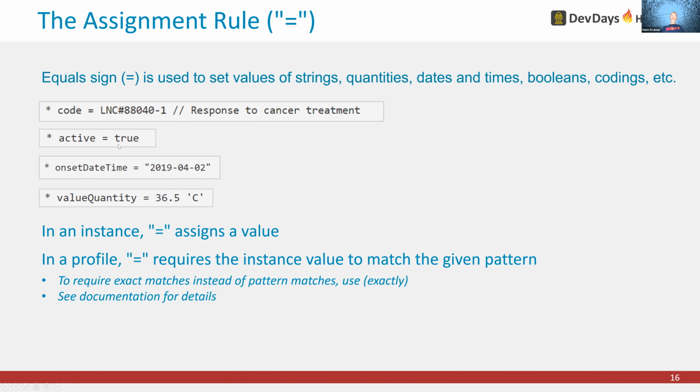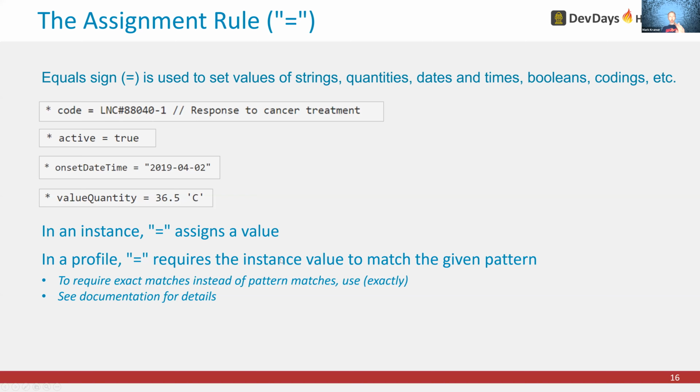You can say active is true, that's a Boolean, or onsetDateTime, that's a date. And here's a quantity. One fine point is that in an instance, when you do this assignment, this is just assigning a value, but in a profile, the equal sign actually says that any instance of that profile must match the pattern of that value.